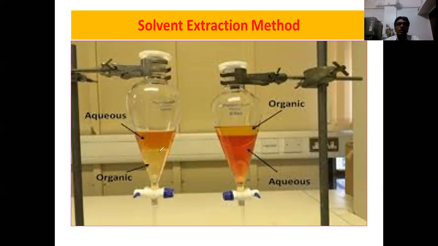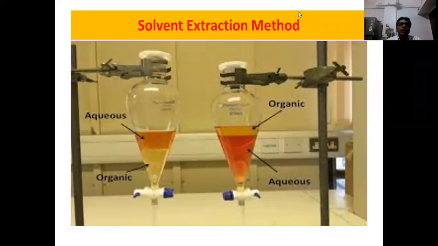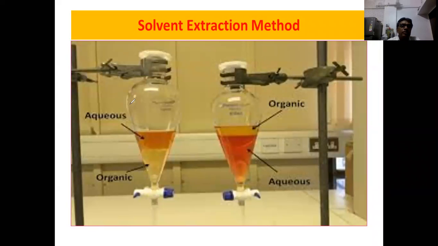So these two solvents are immiscible with each other. This is the separating funnel, and with the help of this separating funnel, the separation of the lanthanones is possible. The solution of lanthanone ions can be extracted from one phase into the other phase. Suppose we have taken the lanthanone ions in aqueous form.